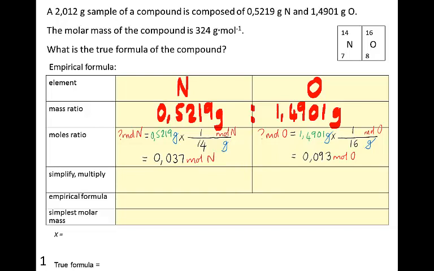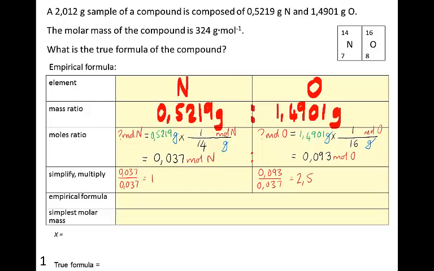So this is now a particle ratio, a mole ratio, but it's not in its simplest form. So we still need to simplify and possibly multiply because we need a whole number ratio in its simplest form. So we take the smaller of the two numbers and we divide through everything by it. 0,037 divided by itself, because it is the smaller of the two numbers, is obviously equal to 1. 0,093 divided by the smaller number, 0,037, gives us 2,5.